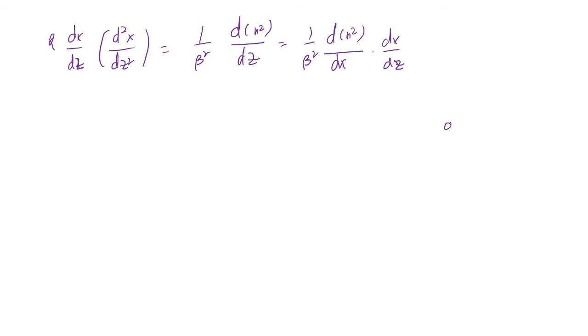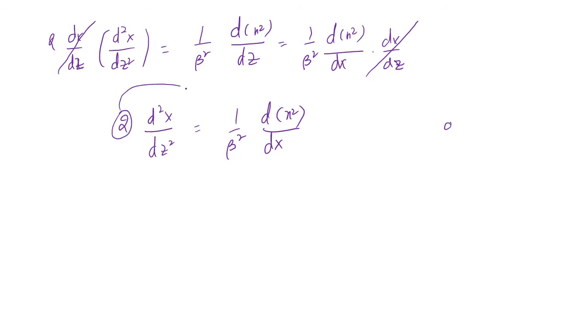Then I can cancel this dx by dz and this dx by dz. Then I get 2 times d square x by dz square is equal to 1 over beta square d n square by dx. Or I can put this 2 down here with beta, and write d square x by dz square is equal to 1 over 2 beta square d n square by dx.